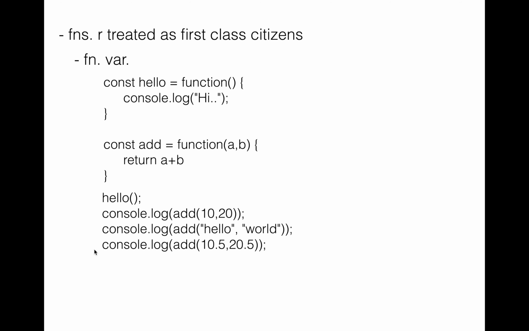Now there is a difference when you invoke the function variable and specify the parenthesis, and when you invoke the function variable without specifying the parenthesis. As you can see here, you invoke add and specify the parenthesis and pass in the arguments. When you do it this way, the function is executed and the result is returned and saved in K.